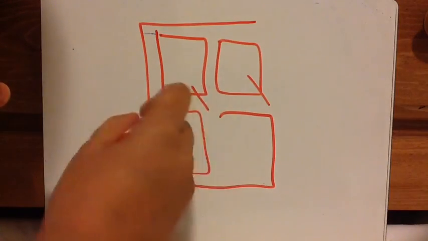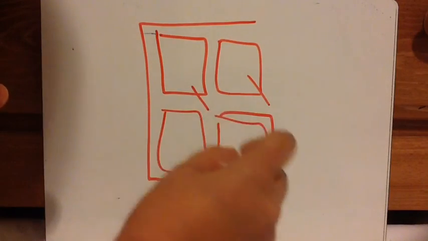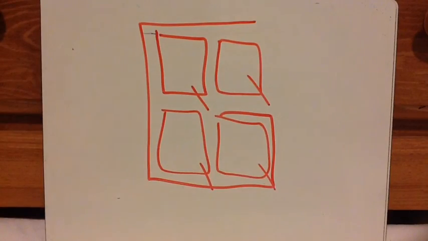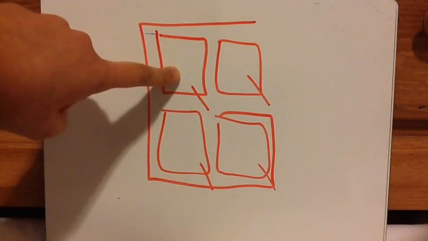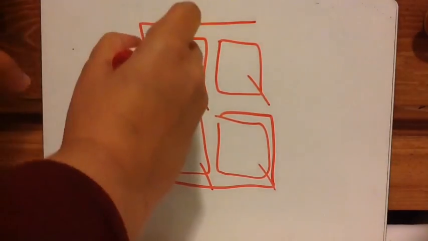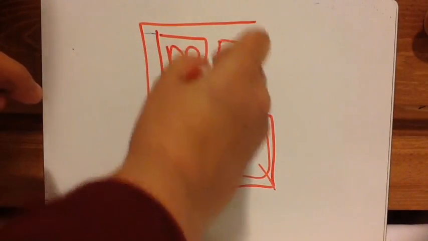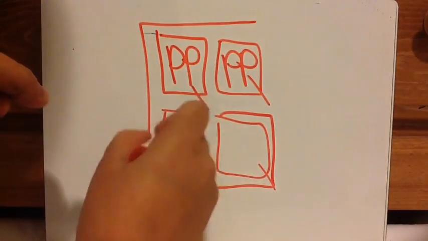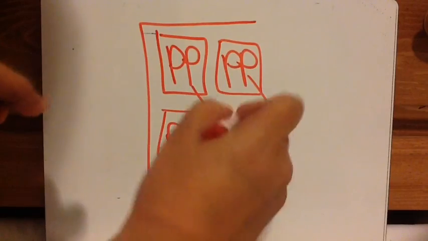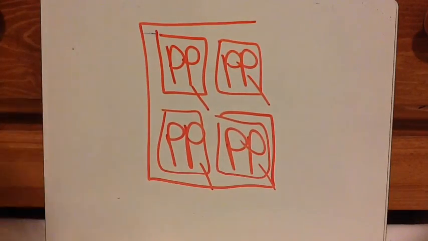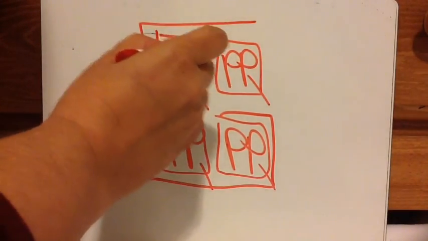So I draw 4 Q's in there to fit. Now, in one of those yogurt containers, 2 of those smaller yogurt containers fit. And in that smaller yogurt container, 2 cups fit.